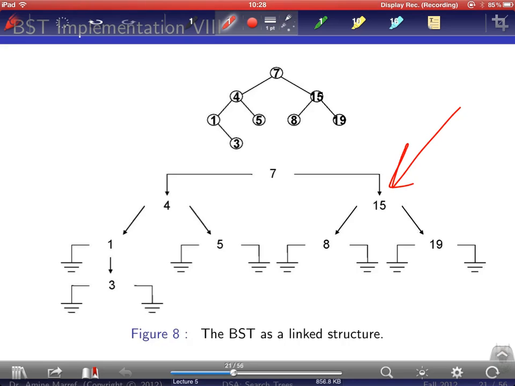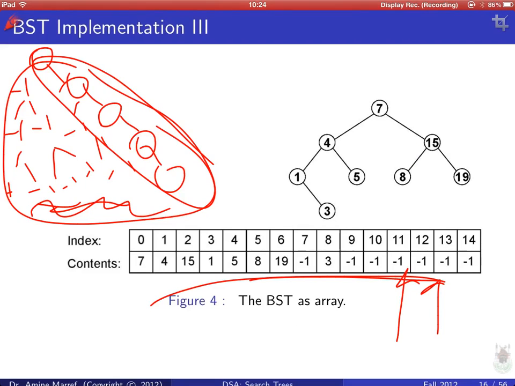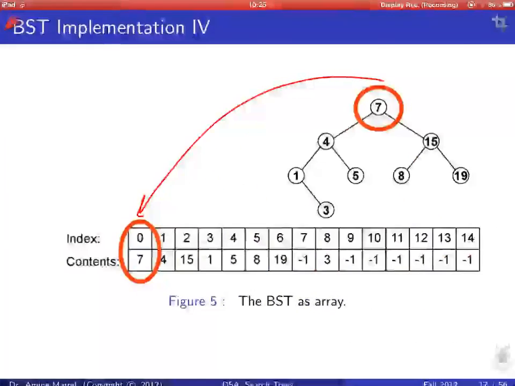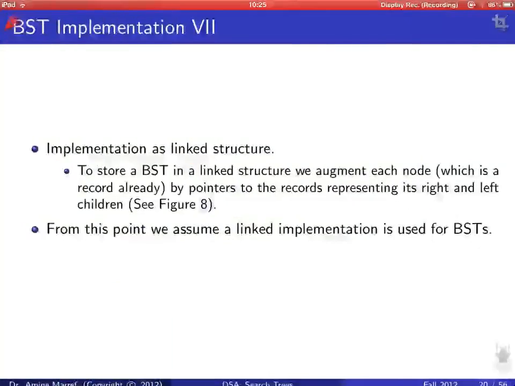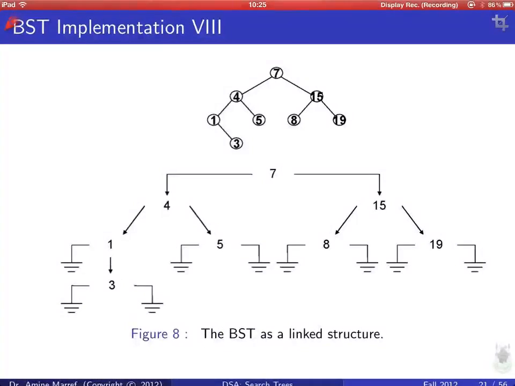However, the amount of space that we waste in pointers is smaller compared to the space we waste in space fillers when we use the array implementation, especially since we cannot guarantee that a binary search tree is going to be a complete tree, nicely balanced from the left and from the right. As we said, a binary search tree can very much end up looking like a linked list, in which case we waste a lot of space for very few dictionary elements. So we are going to assume this representation for the rest of the lecture.